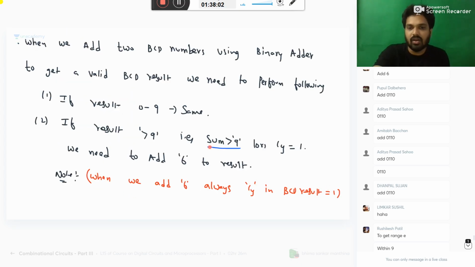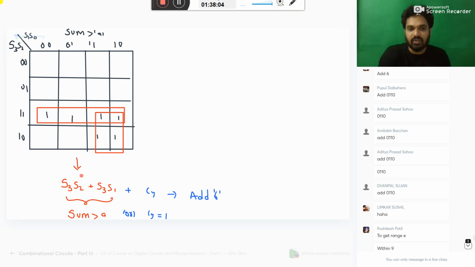Sum greater than 9 or carry equal to 1. If this equation is satisfied, add 6. Is this point clear to everybody? Then I will move further.